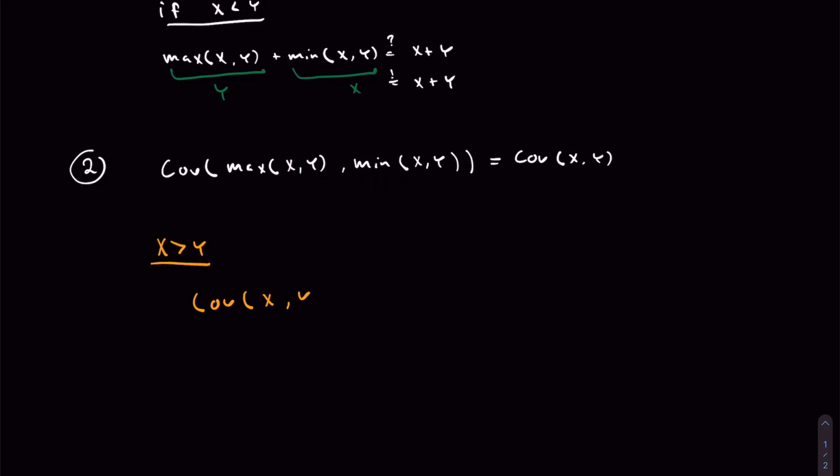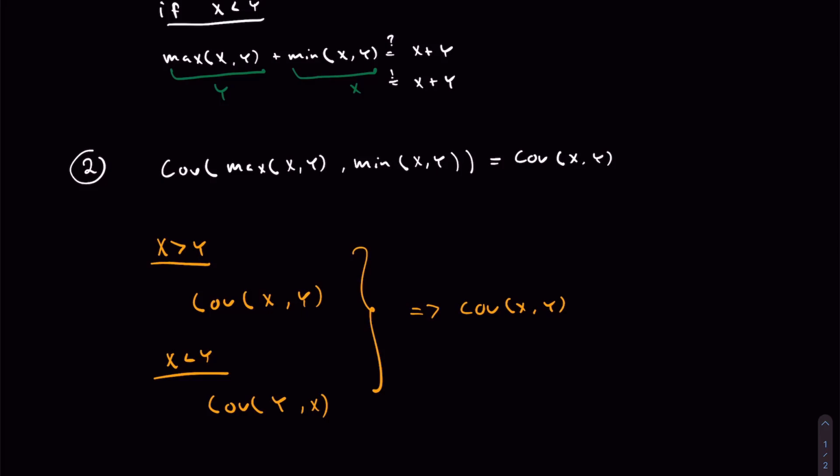So this thing should then hold, right? Because it doesn't really matter if you reverse the inequality or not. Then it's the other way, y is larger, and so this then indeed equals the covariance of x and y.